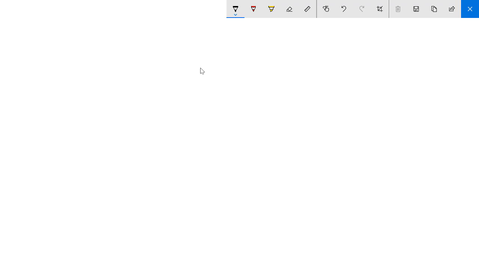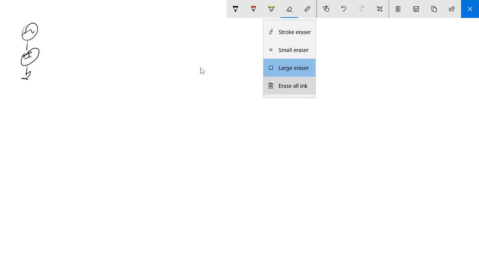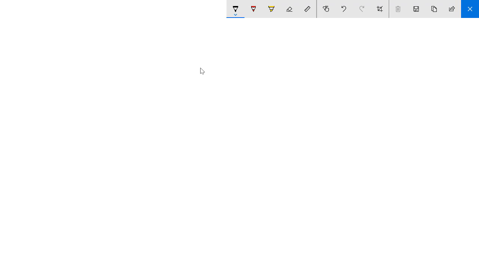I will draw an AC signal first and a DC signal. I really don't like the drawing. Let me redraw it. So AC, DC, NMOS, and a resistor on the top.